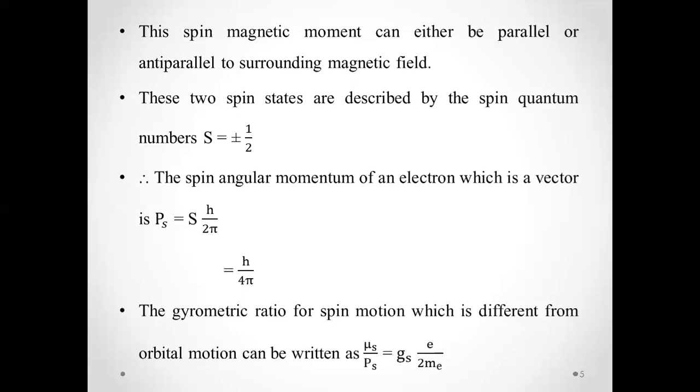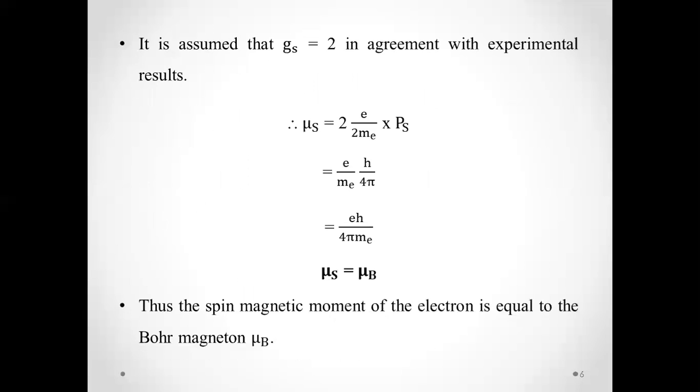The gyromagnetic ratio for spin motion, which is different from orbital motion, can be written as mu s divided by Ps, which is equal to gs into e divided by 2 times me. It is assumed that gs is equal to 2 in agreement with experimental results.